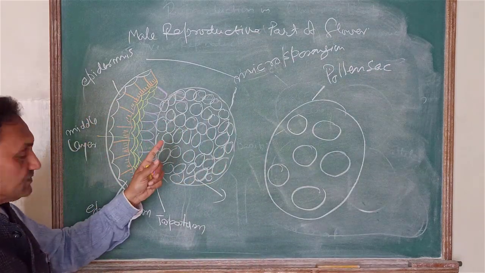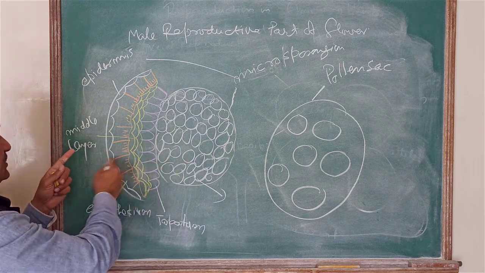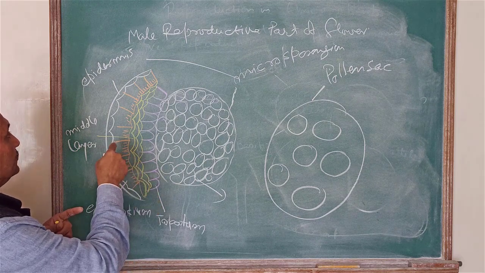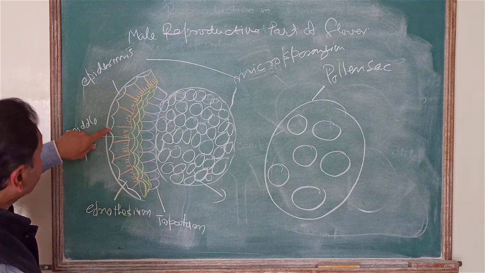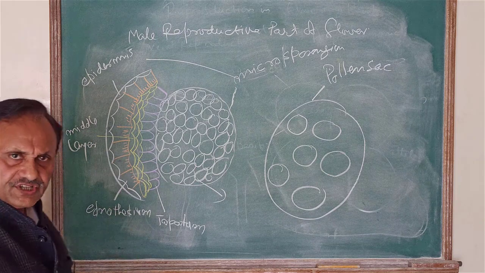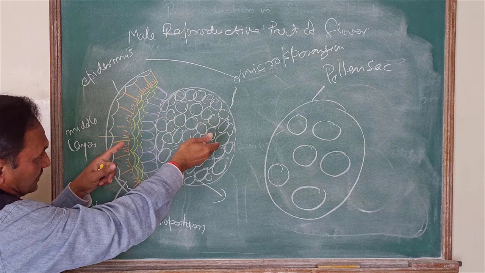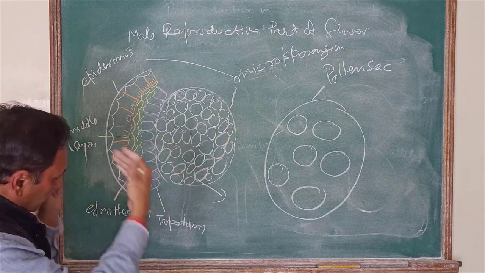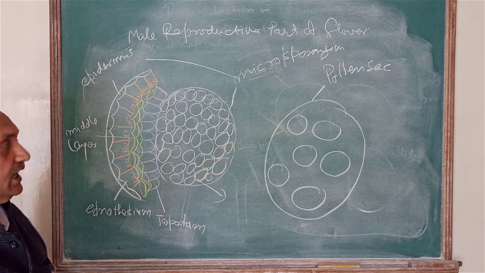So there is a certain difference between the pollen sac and the microsporangium. In the initial, juvenile phase, the structure covered by all these layers, the tapetum, the middle layer, the endothecium and the epidermis, which are protective as well as secretory in nature, is called the microsporangium. After maturation, it is called the pollen sac.